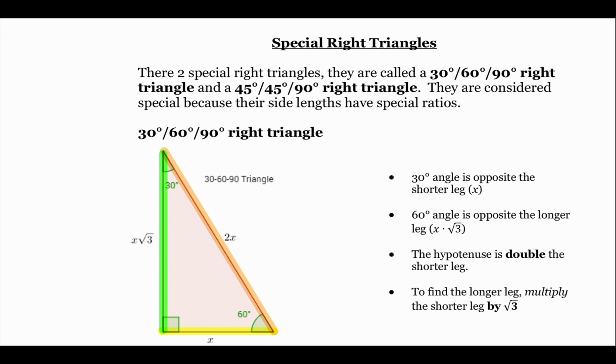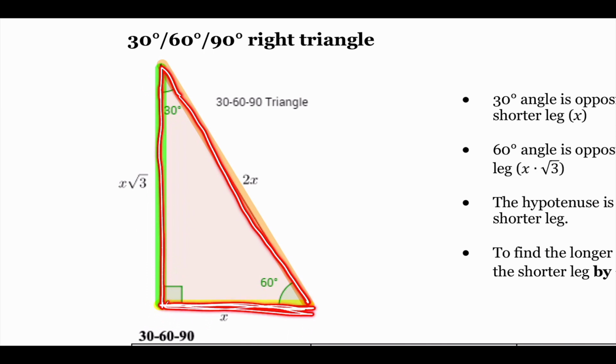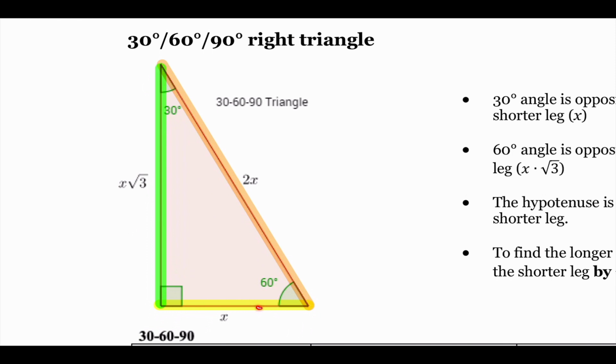That's the same thing with a triangle. This 30 degree angle creates this side here. It's smaller than the side that's created by the 60 degree, the green, right?